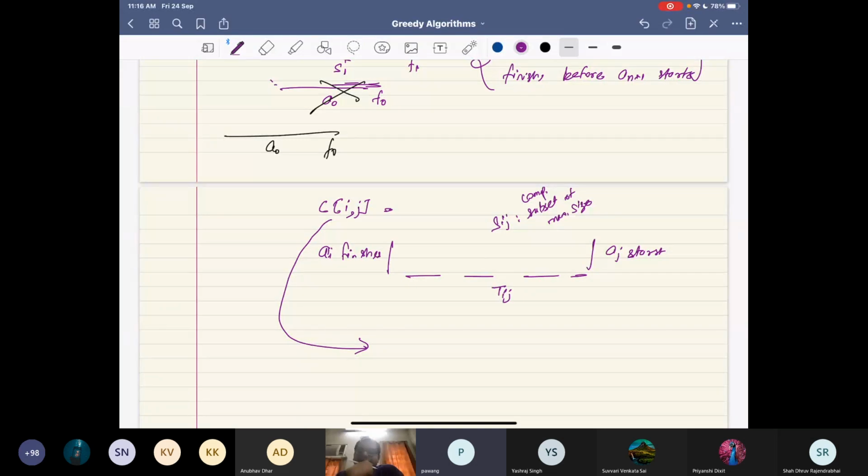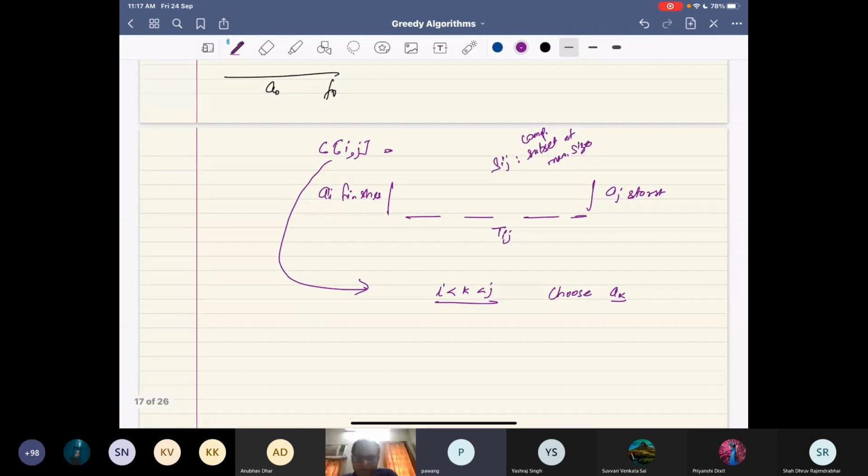In between there will be many activities, let's say, right? So how will you write your DP formulation? So you see what all you can do. Let's say, okay, let's take a k between i and j, and I choose Ak. Suppose I choose Ak in my final solution. So there is some k, Ak, that I am choosing.